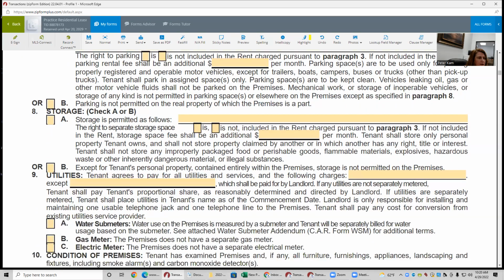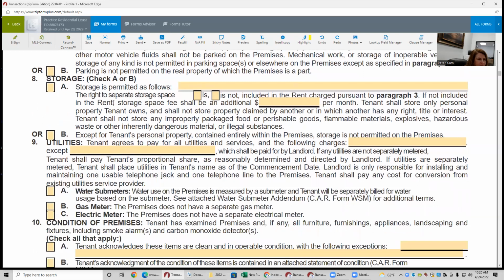So storage, again, check A or B. Let's go down to B first, because I think that this would be most of the check marks we would do, except for the tenant's personal property contained within the premises. Storage is not permitted on the premises. So you would check B. That means put all your stuff in your own rental unit.